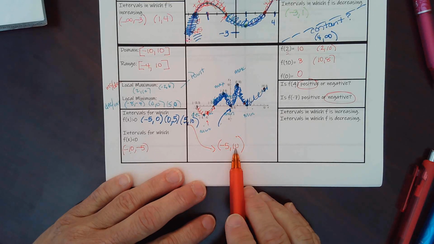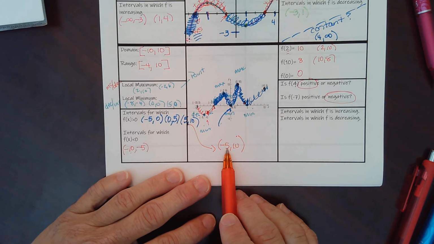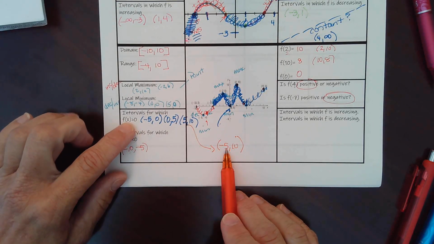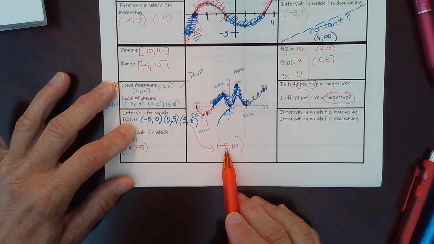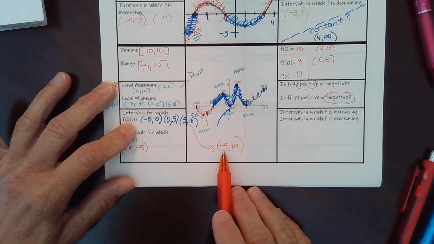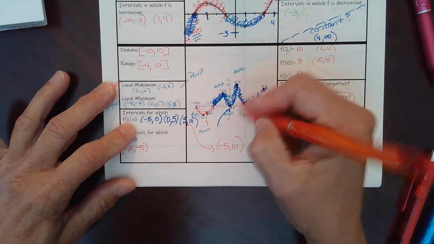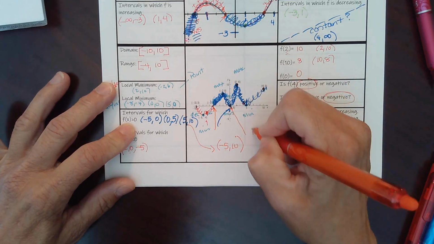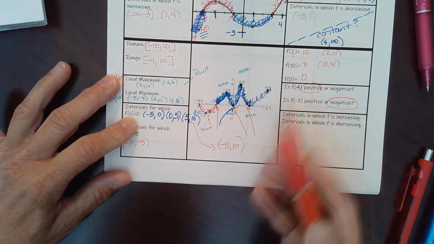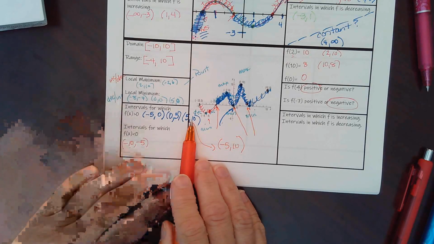Well, when you write it this way, you're saying that the graph of this function is above the x-axis, or the y values are greater than 0 at every single x value between negative 5 and 10. But that's not true here, here, or here. So that's why we have to break this apart into 3 separate intervals.